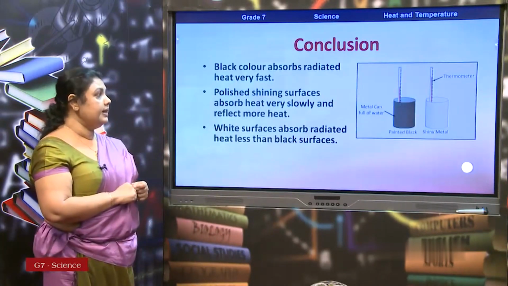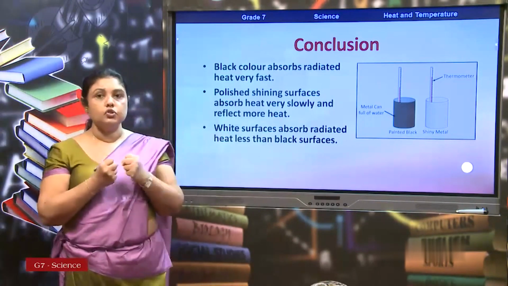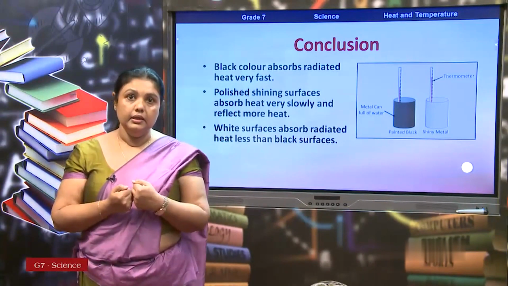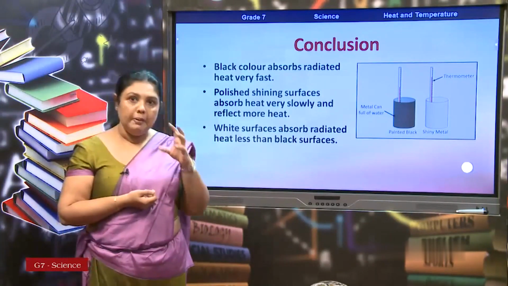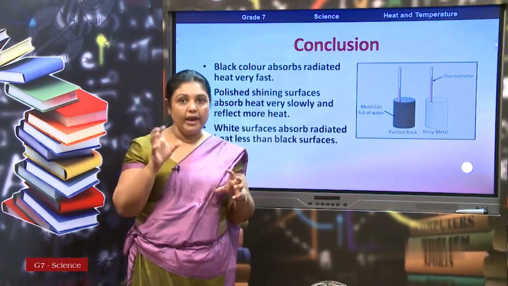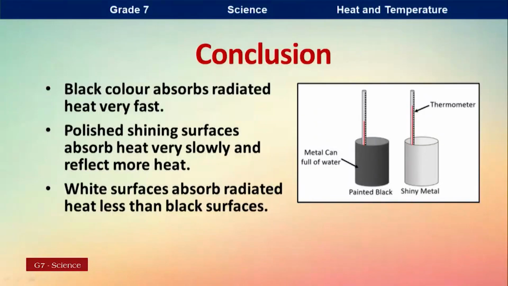So, you can understand why it happened, children. Black always absorbs light and heat energy. So, water heats up easily in black. Shiny or white material reflects heat back. So, it will not help to heat that material up.